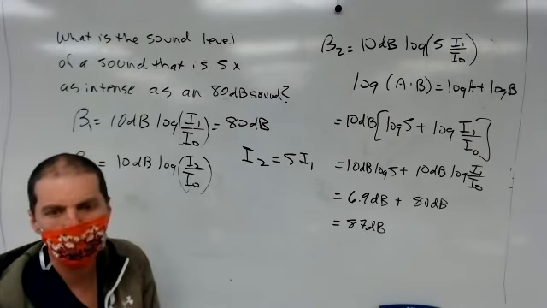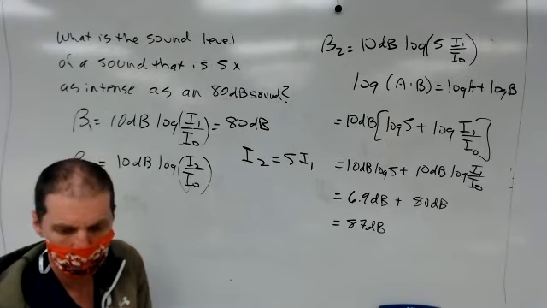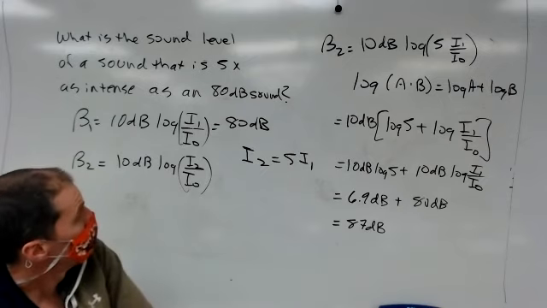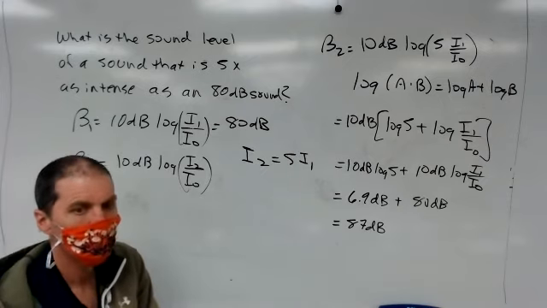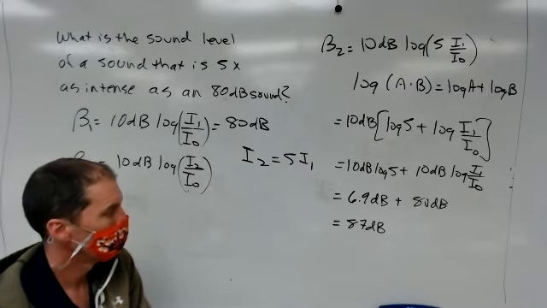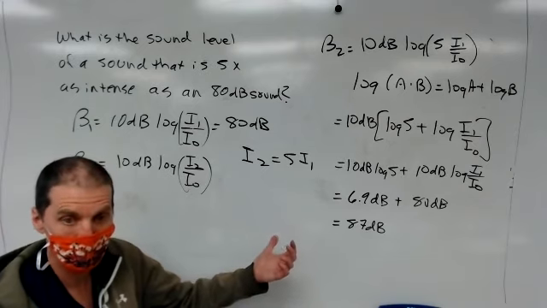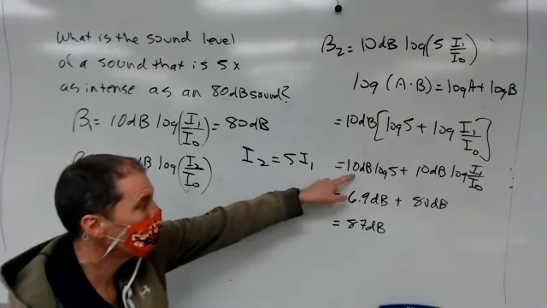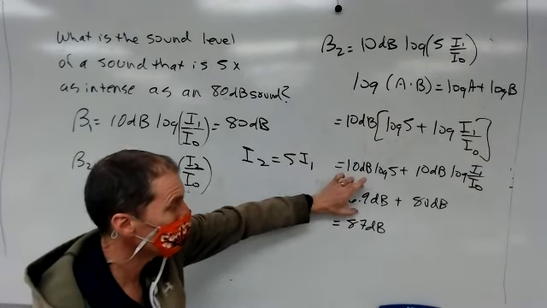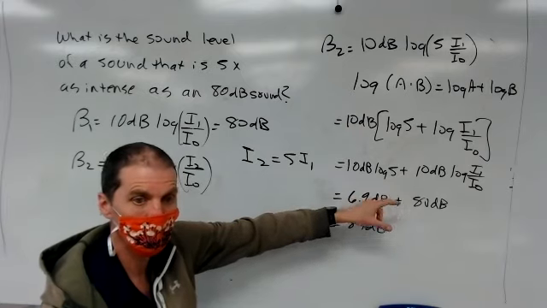So there's just a little log math on these. There's usually more than one way to solve them, but the nice thing is that once you figure this out, notice this piece, this 6.9, didn't matter what the original intensity was.